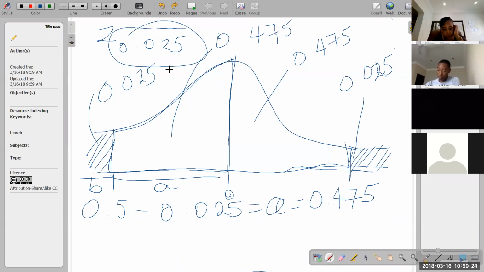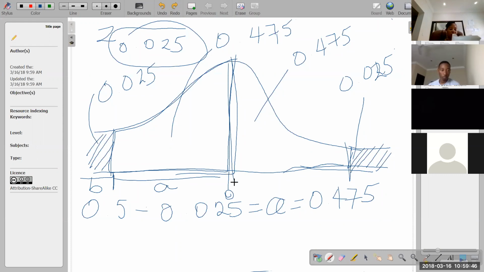Okay, thank you. So what that means is that you must chunk out the area of 0.025 and find out what is the rest of the body. The rest of the body is 0.475.